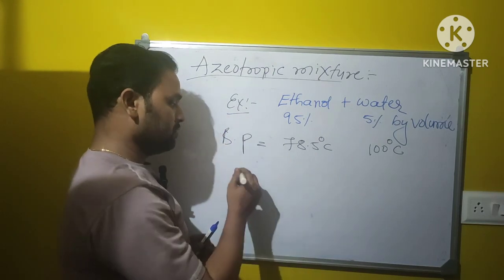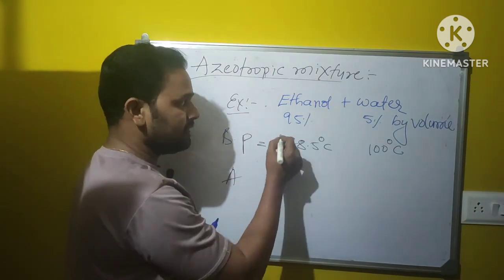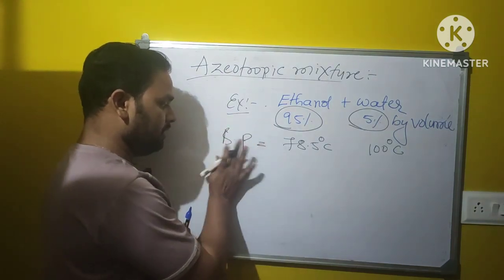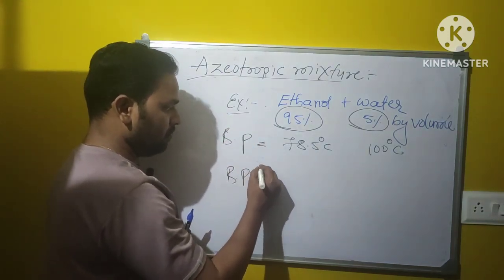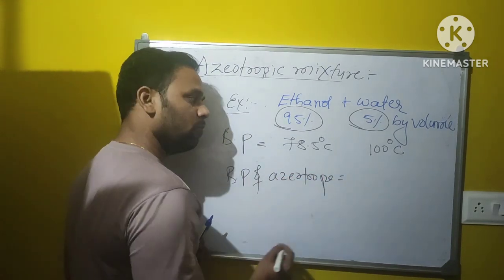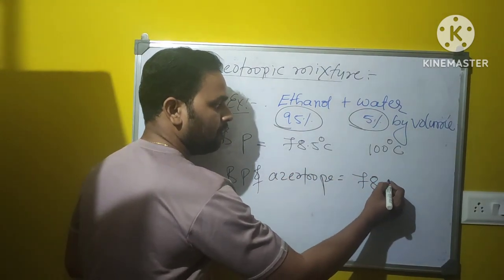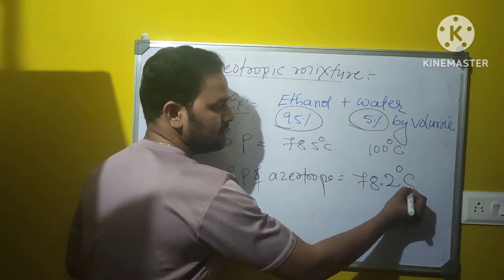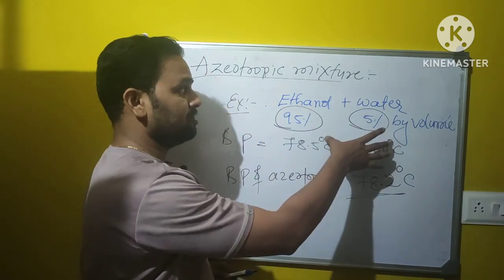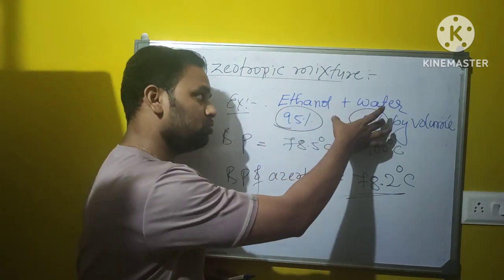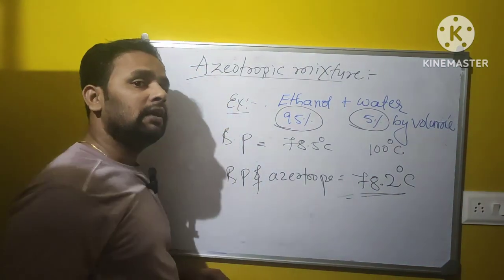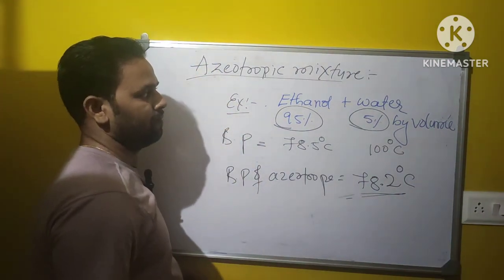When you take these two liquids in 95:5 ratio, the boiling point of the mixture, the boiling point of the azeotrope, is 78.2 degrees Celsius. In this ratio, water and ethanol will boil, vaporize, at 78.2 degrees Celsius.